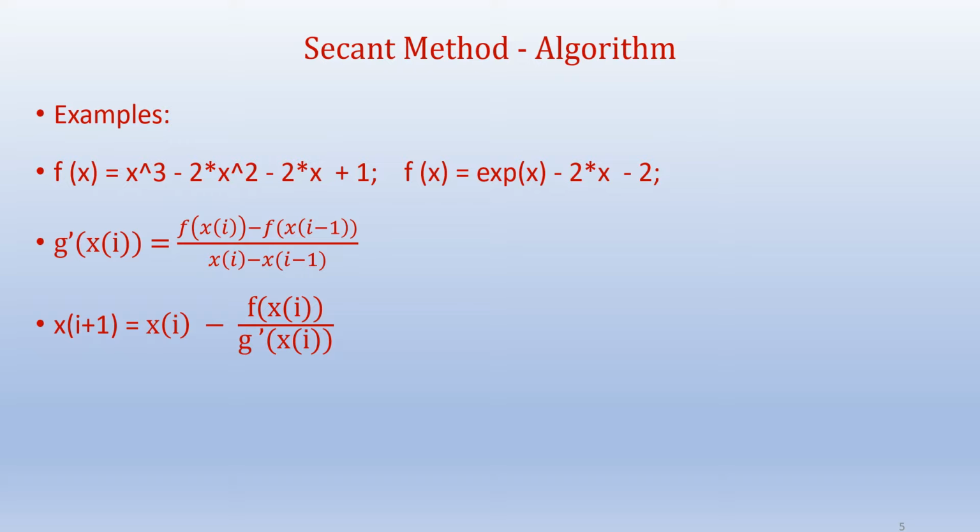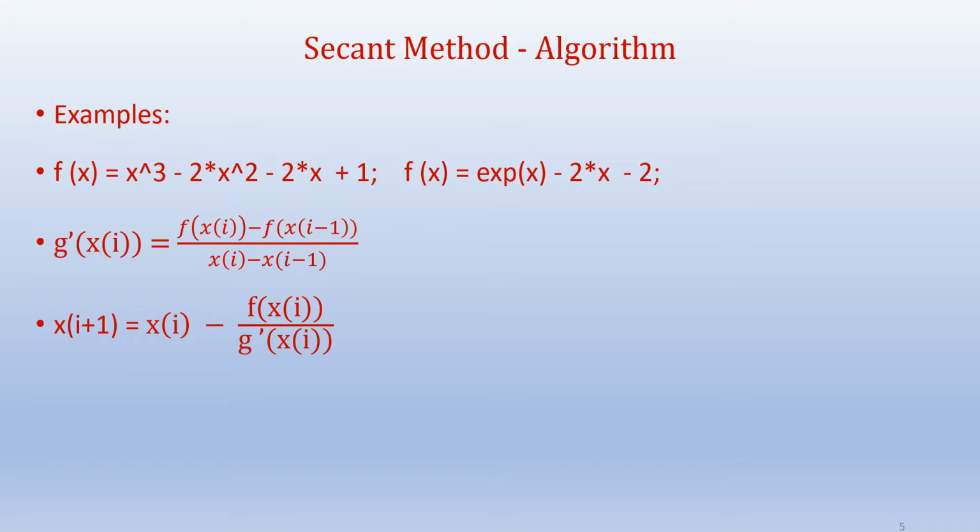Once we evaluate this slope, we can find the next point, that is x of i plus 1 equals x of i minus f of x of i divided by g dash of x of i. This procedure needs to be repeated, and at some point we should be able to find the solution close to the exact solution.